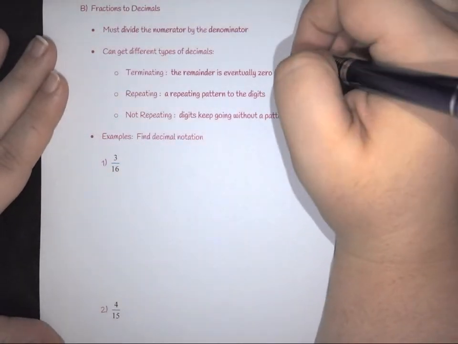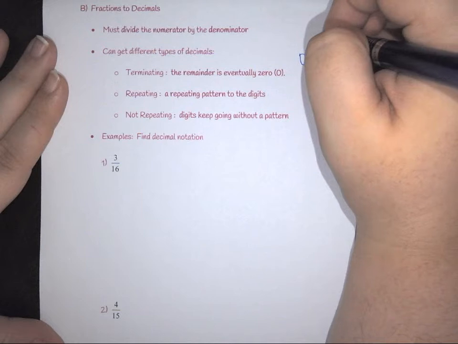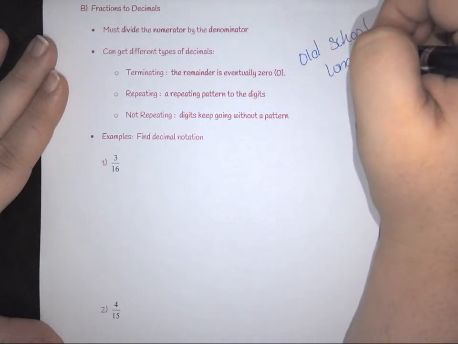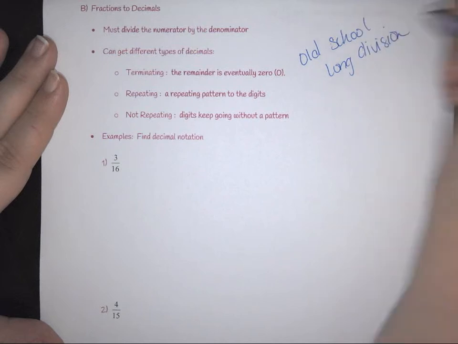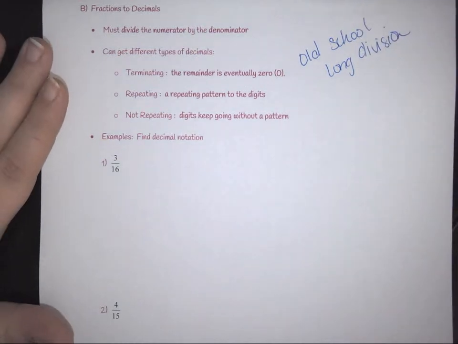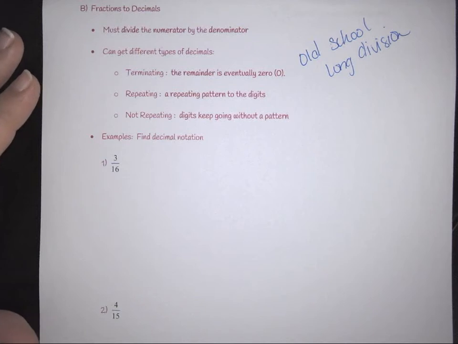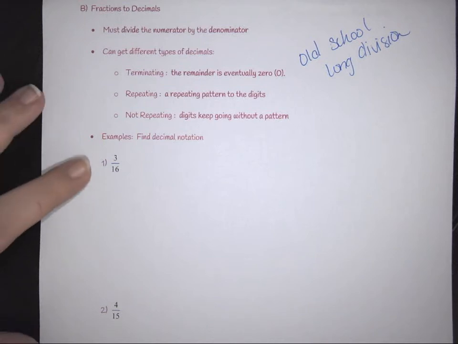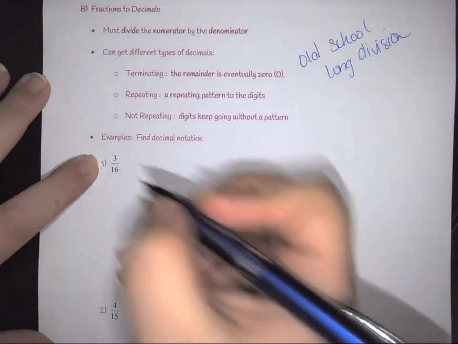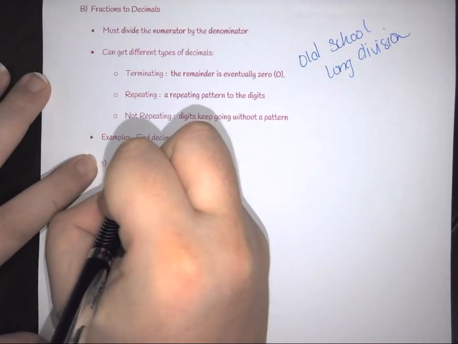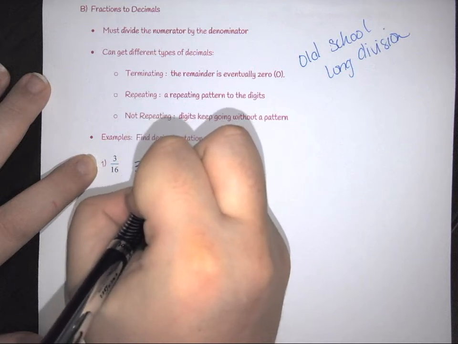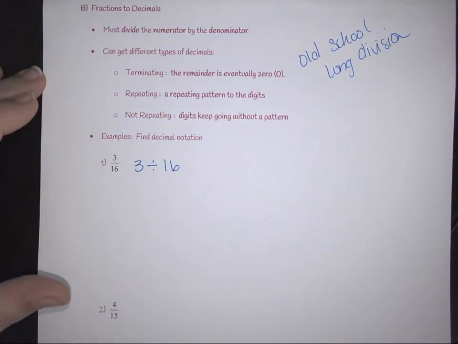So the easiest way to do this would be to use old school long division, that is, if you are told you're not allowed to use a calculator. Okay? So, most places demand that you show your work. And so here, when we have 3 over 16, what we're really talking about is 3 divided by 16.